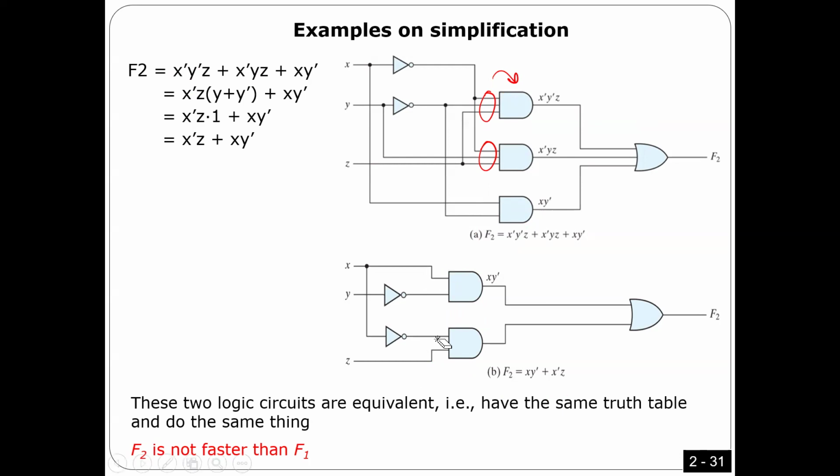Or it needs less hardware, okay? This is also simplification. So it's very obvious here when I use this one, I was able to reduce the cost because I was able to reduce the number of gates, okay? And also the inputs of the gates. So this one is going to be cheaper than this one.